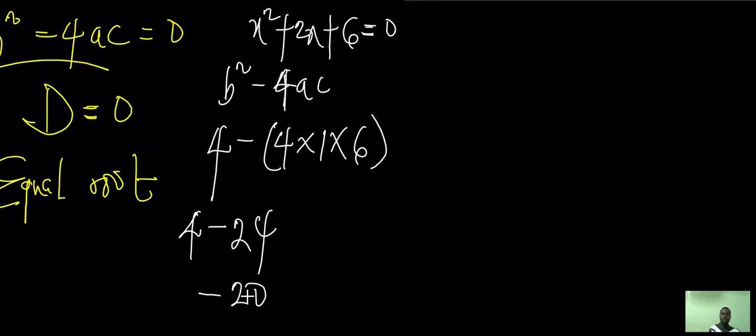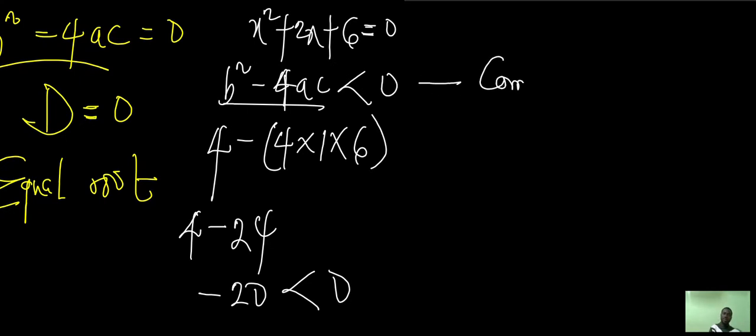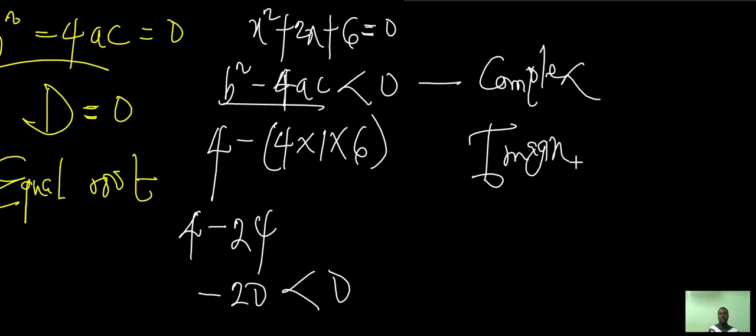That's negative 20, and this number is less than 0. That means b squared minus 4ac is less than 0, so the roots are complex, or what we call imaginary roots. So those are the natures of the roots of the quadratic equations, and we have shown the graph.